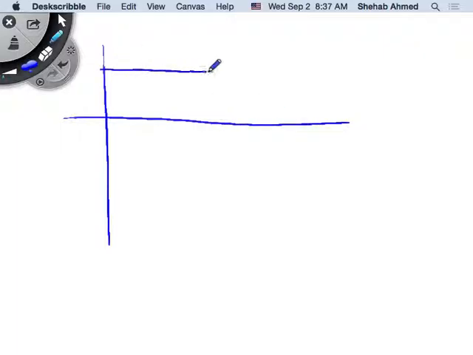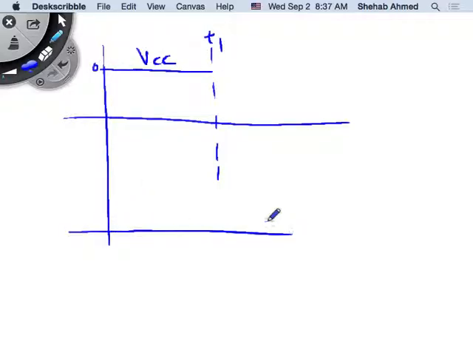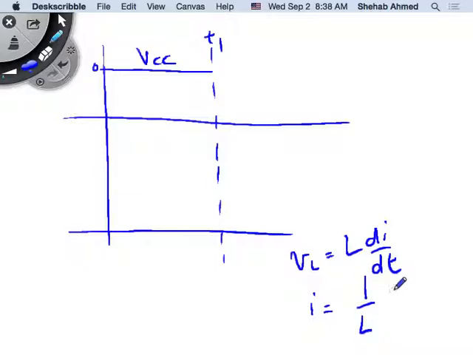And so I applied VCC across the inductor from 0 to T1. What will the current look like? VL is equal to L di by dt. I is equal to 1 over L integration of VL dt, correct?